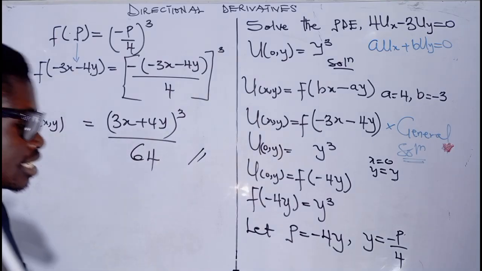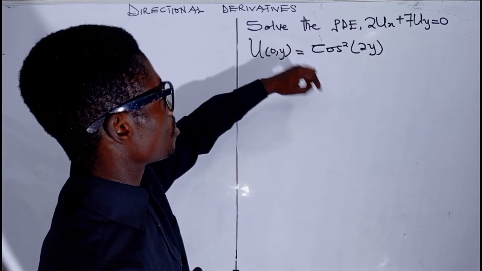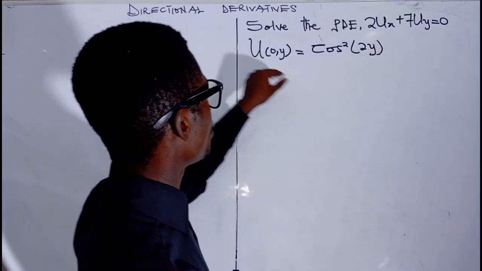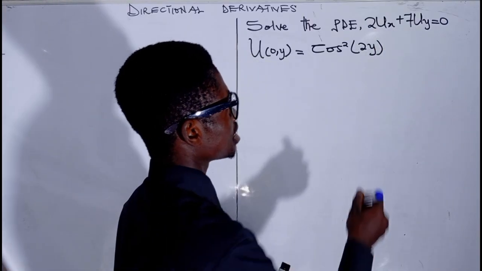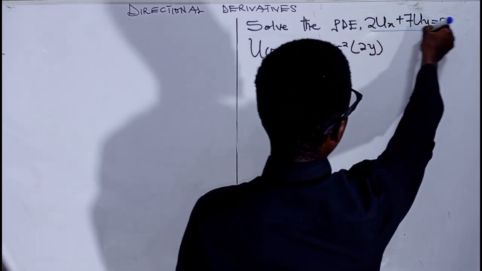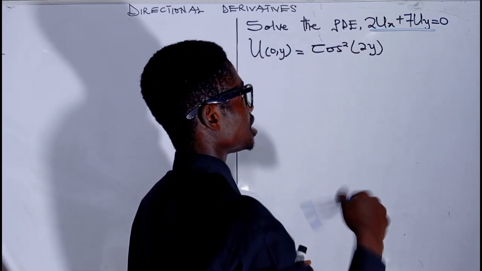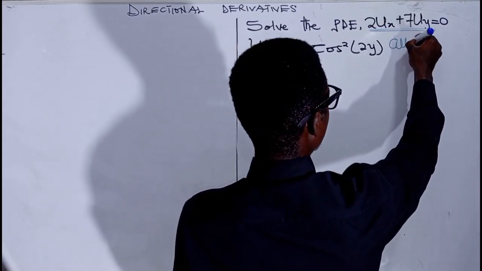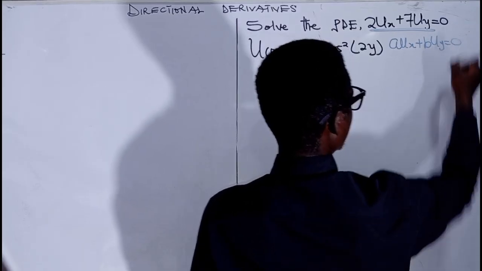Let's look at another example. We want to solve the PDE 2ux plus 7uy is equal to 0 with this initial or auxiliary condition. Looking at this quantity, you can see that it's a directional derivative, and therefore this PDE becomes a directional derivative PDE, and it is of the form aux plus buy is equal to 0.